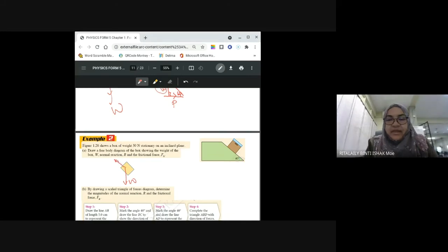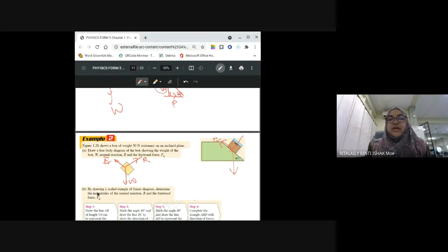Friction is here, FR. And then we have normal. Normal is 90 degrees to the surface. This one. Yes. Okay, so this is what we call a free body diagram: the forces on the object. 3 forces. One is the weight, one is the normal, and the other one is the friction.